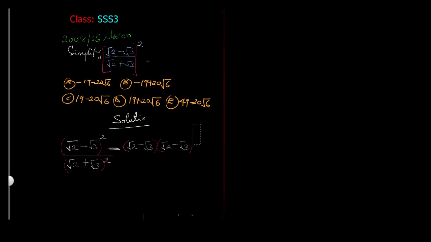So we've just been able to rewrite the numerator. So it's time for us to rewrite the denominator. We need to rewrite the denominator, and to rewrite that denominator, let's just say all over.